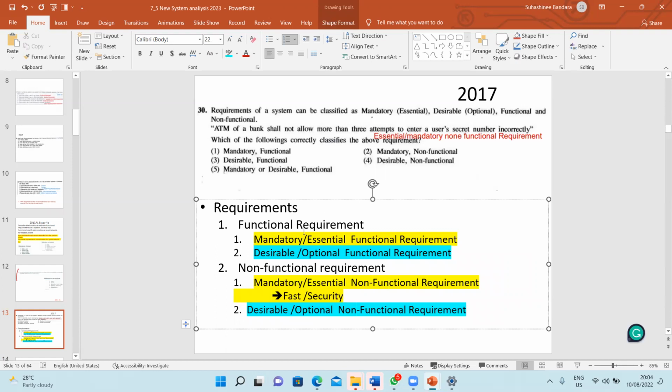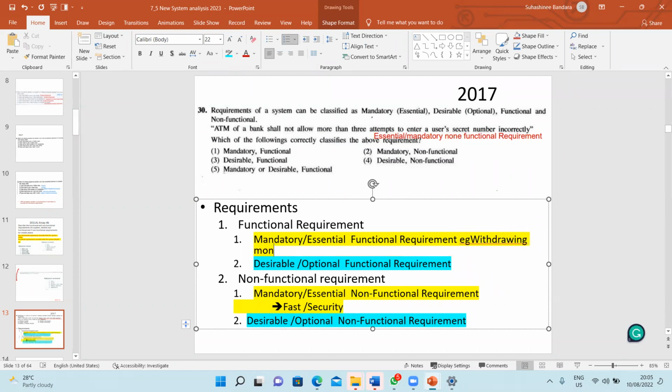So when we consider about this one, just think about the ATM machine. Withdraw money. What should be there? Withdrawing money should be what? Essential. Essential functional requirement. Okay. Then deposit money.